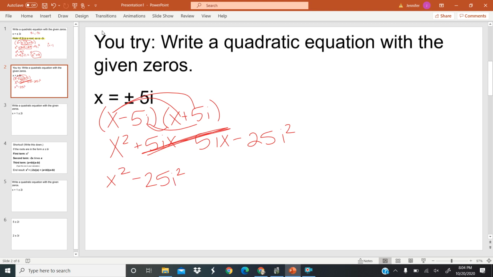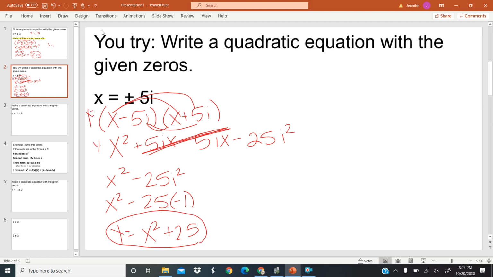The i squared is going to be changed to negative 1. So x squared minus 25 times negative 1. And then that's going to become y equals x squared plus 25. And you can have the y equals in here the whole time and just carry it down. I sometimes just add it at the very end because I know that my equation is going to be y equals something. But basically you're going to get x squared plus 25.